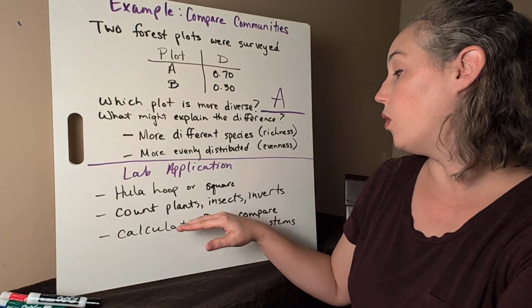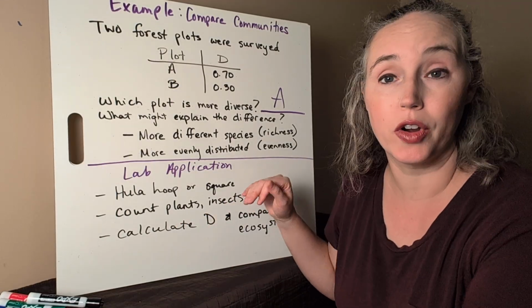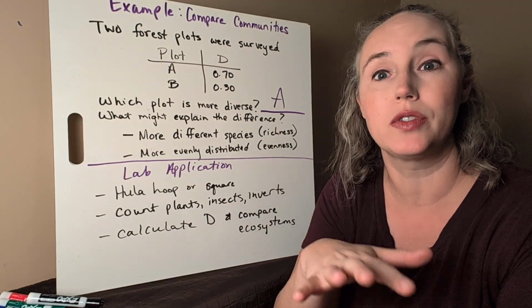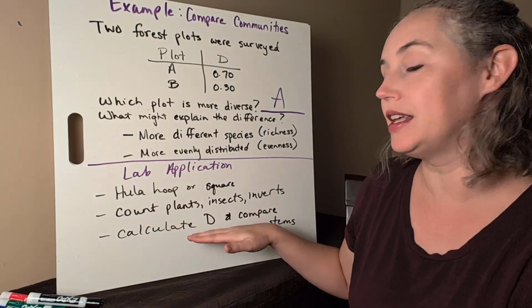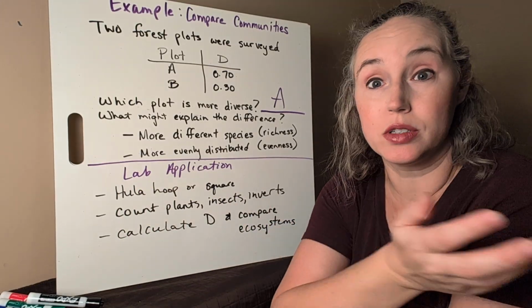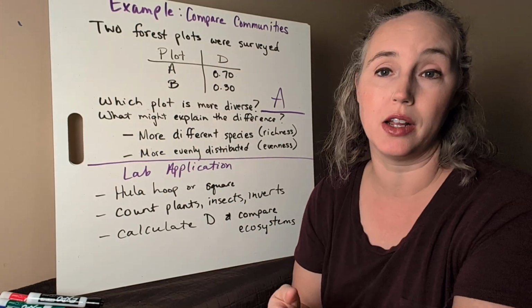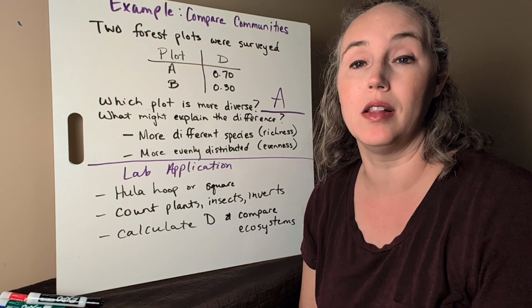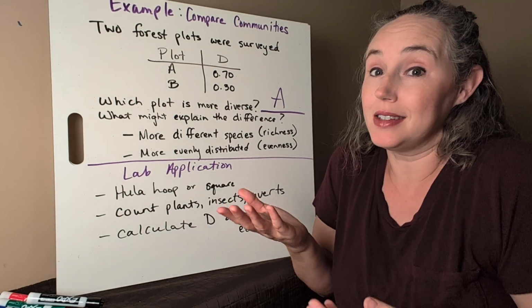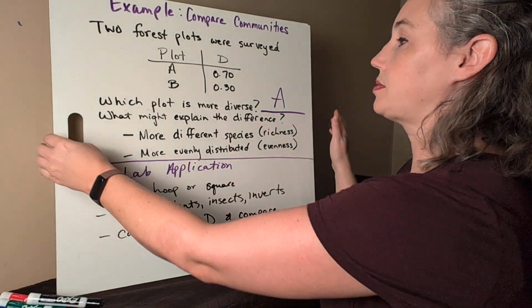Or you could do insects or other invertebrates, something small, slow, and easy to count. And then you could use that data to calculate D, and you could compare ecosystems, like compare each student's data, or several students go to one area and several students go and collect data from another area. So that's an easy lab application.